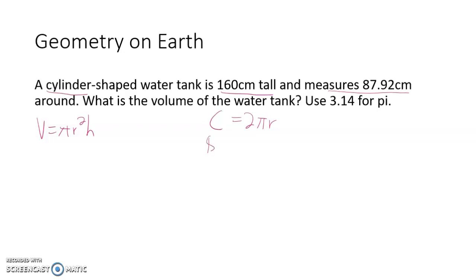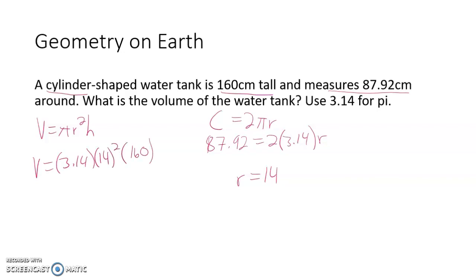So our circumference is 87.92, and that equals 2 times 3.14, notice it says use 3.14 for pi, times r. After doing all that math, I find that r equals 14. So with this, I can plug stuff in now. I've got 3.14 times 14 squared times 160.